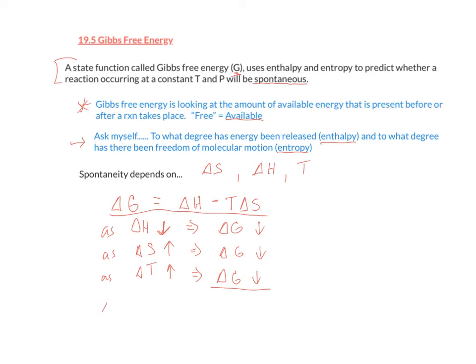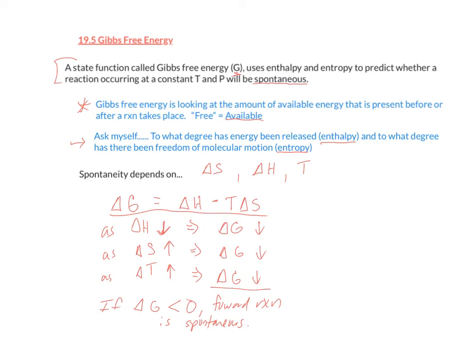So if delta G is less than 0, meaning if it's a negative number, the forward reaction is spontaneous. So looking at delta G, we can figure out the spontaneity of the reaction by looking at the overall answer.